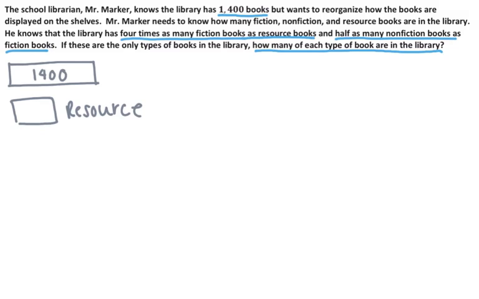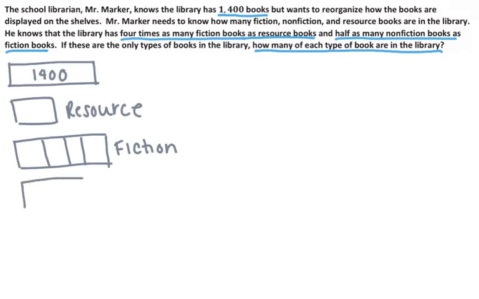Next, for fiction, we know that fiction books are 4 times as many as the resource books, so I'm going to draw a rectangle and cut it into 4s. And we are going to draw a tape diagram for nonfiction books, and we know that nonfiction is half of fiction, so it's just going to have 2.